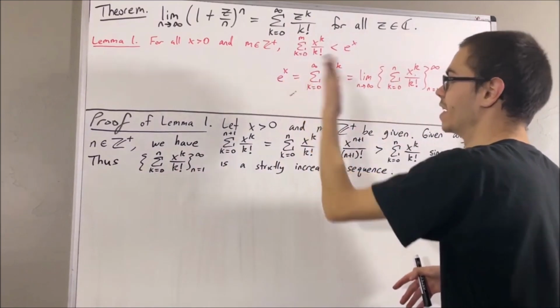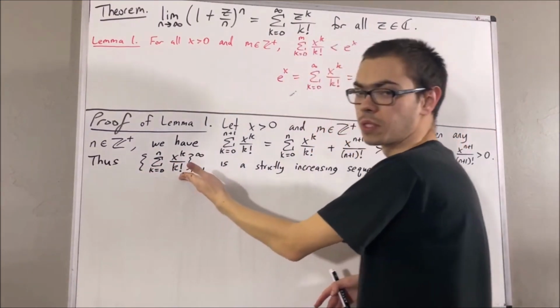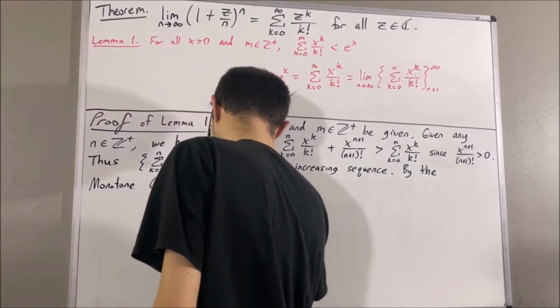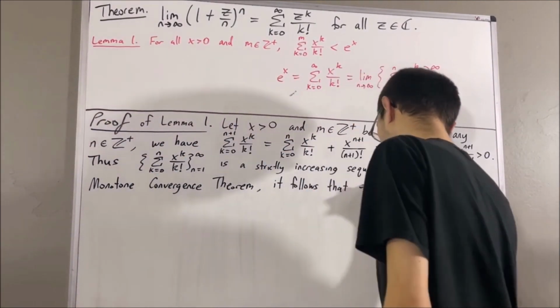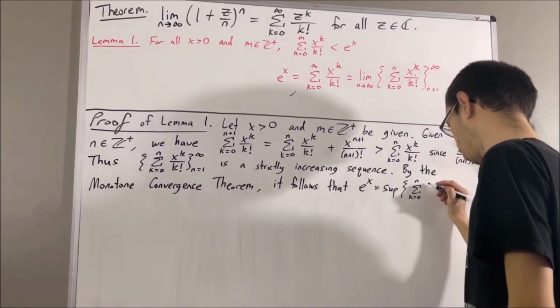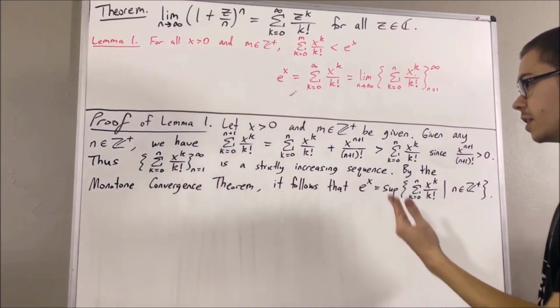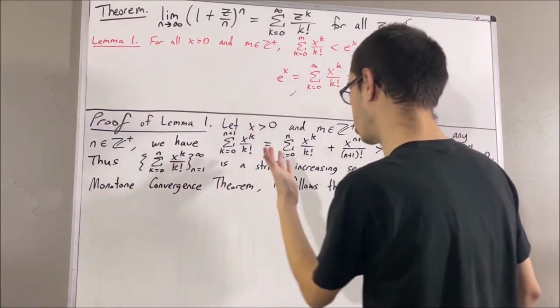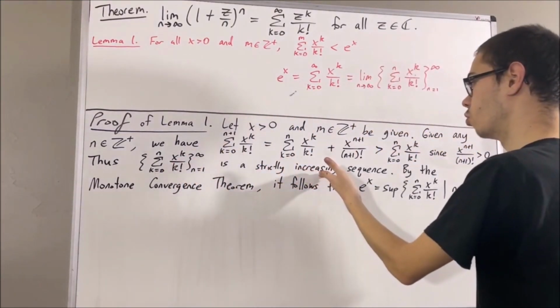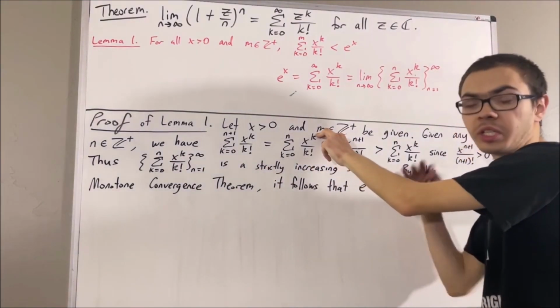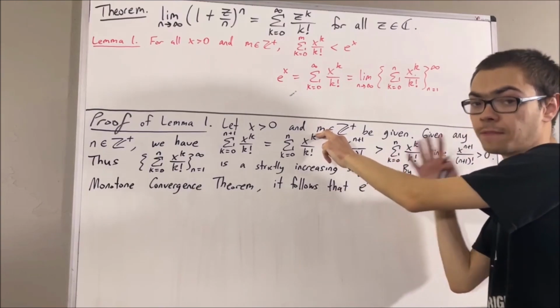So e^x is the least upper bound of the terms of the sequence. So now, since this sequence is strictly increasing, we know that the nth term of the sequence is strictly less than the (n+1)th term of the sequence.